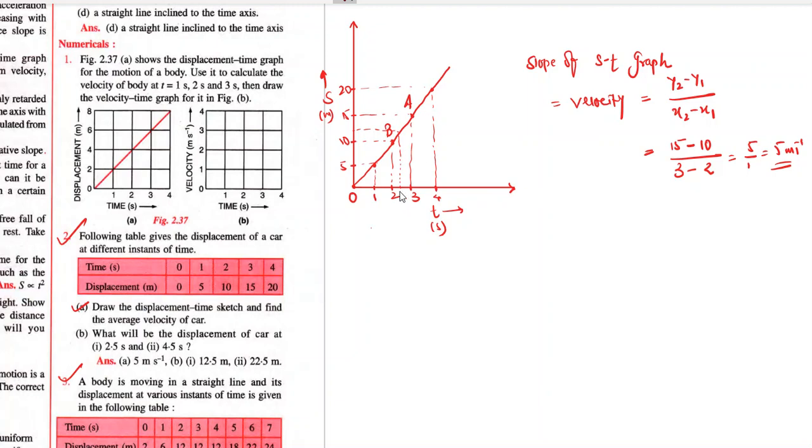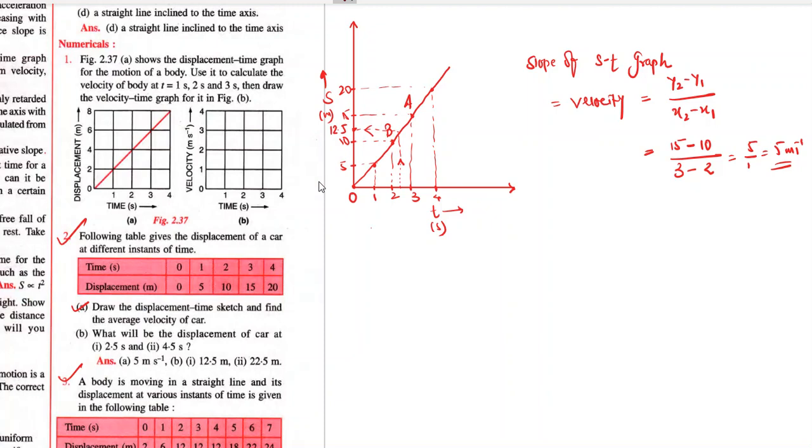If you draw the graph properly and if you draw a line from 2.5, that is a division between 2 and 3, exactly midway, and you draw it perpendicular to x-axis, you let it meet your graph, and then you draw it perpendicular to your y-axis, and the point at which it cuts the y-axis is exactly between 10 and 15, which if you calculate is 12.5 meter.